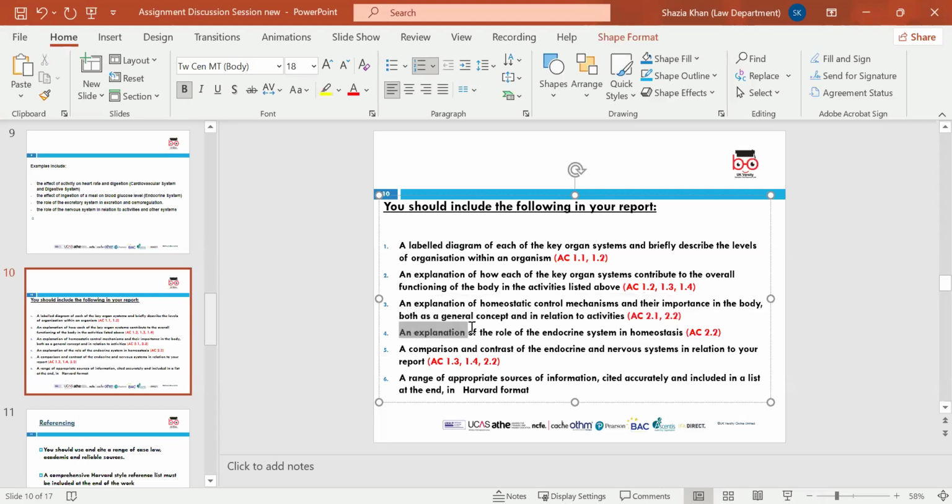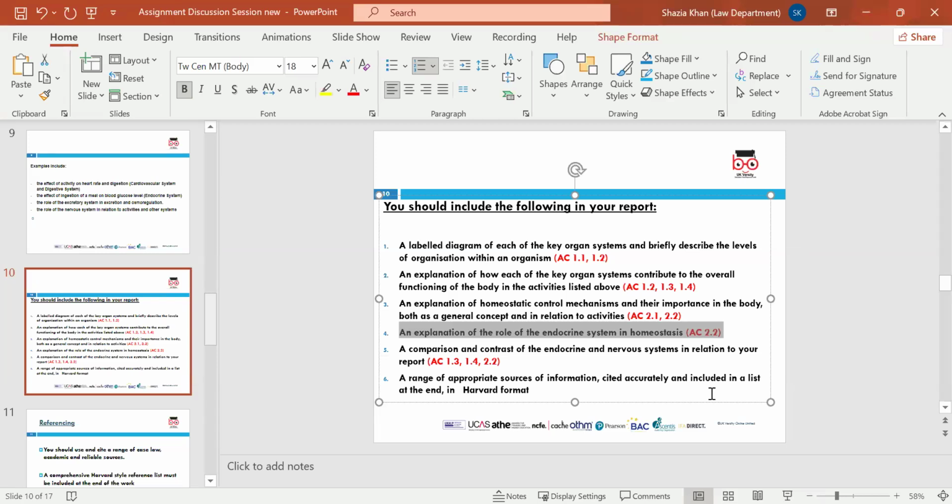The fourth bit is looking at learning outcome 2 again, page 15, an explanation of the role of the endocrine system in homeostasis. So you've got to look at the endocrine system and how that works with homeostasis, the role of the endocrine system.